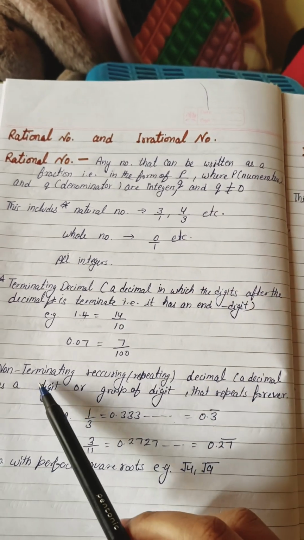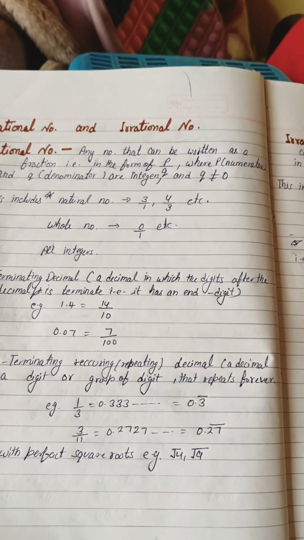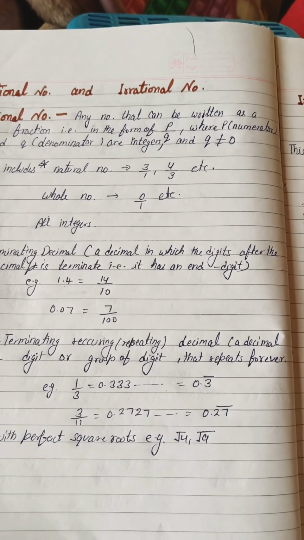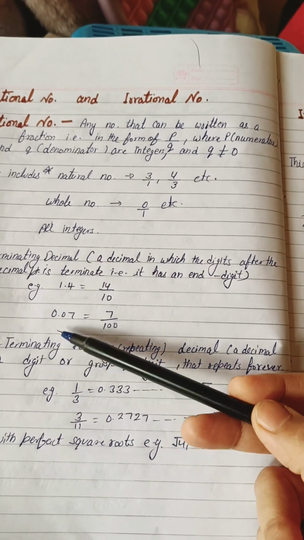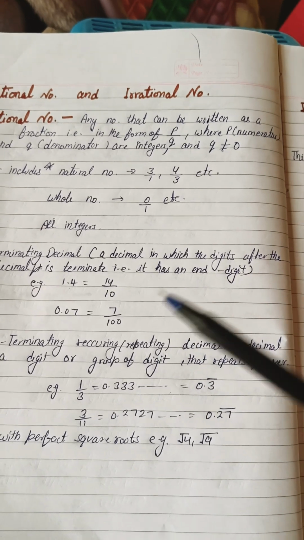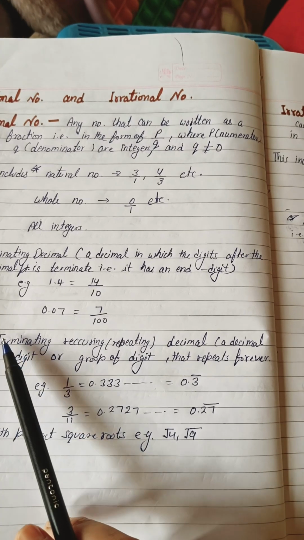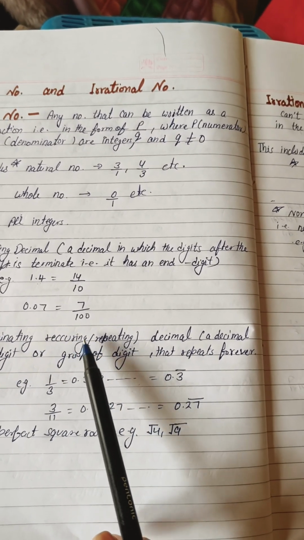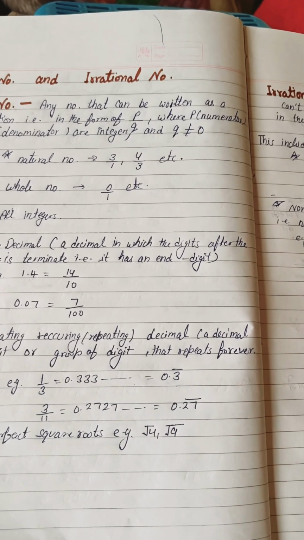Now next is non-terminating recurring decimal numbers. Non-terminating means the numbers which never end. Terminating means they have an end point. Non-terminating means the number never has an end point. Recurring means the digit after the decimal repeats itself.